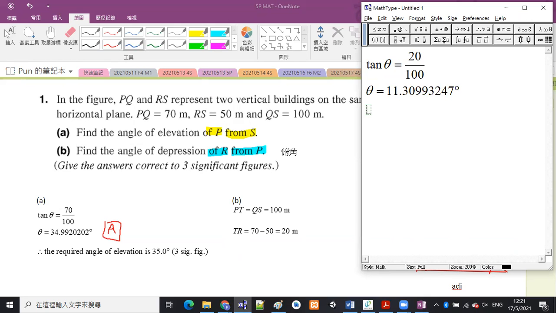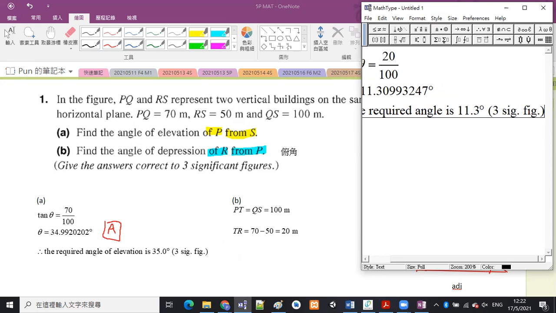Okay? And therefore, the required angle is, because this is the final answer, so we need to correct to 3 significant figures, and it should be equal to 11.3 degrees. Okay, so this is 3 significant figures.